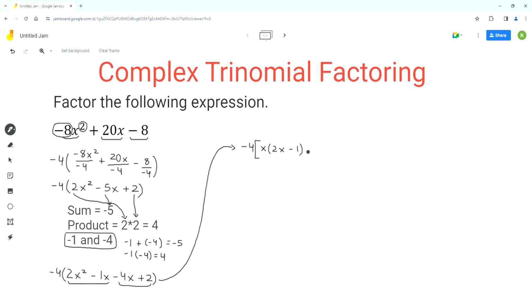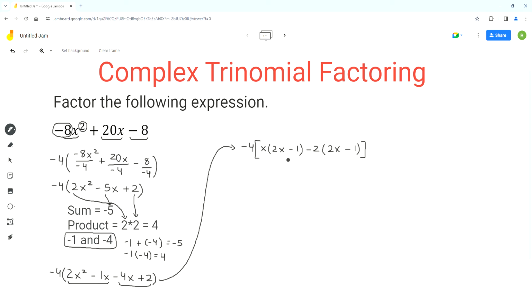So we factor out -2, and now we write what's left over in the parentheses. From -4x, if we factor out a -2, we have to do -4 divided by -2, which is +2. So we get +2x. And then we do +2 divided by -2, which is equal to -1. So this is the expression in the second parenthesis.